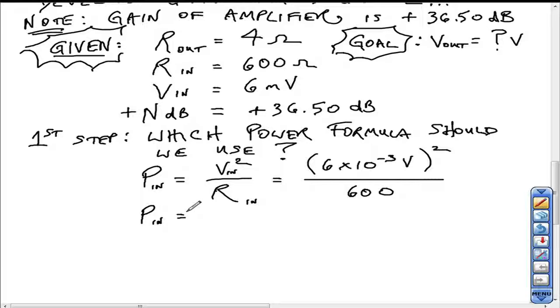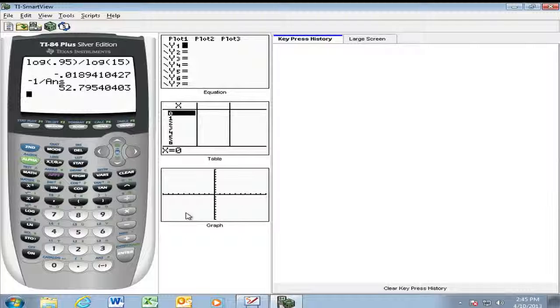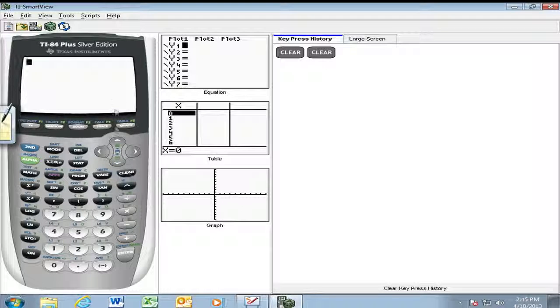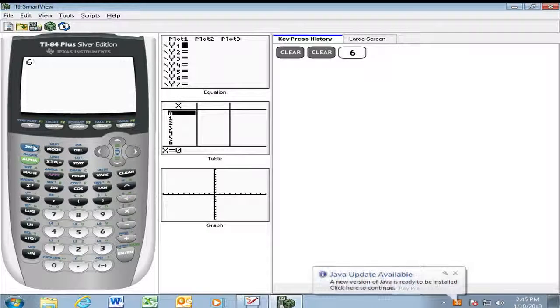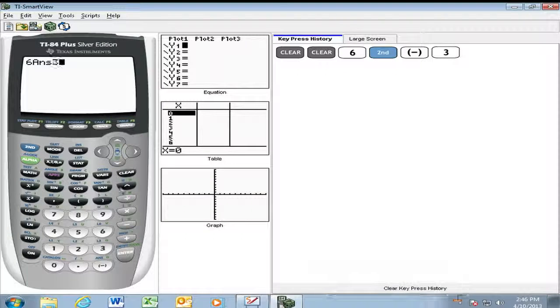All right, and when you work that out, matter of fact, let's work that out together. Let me go ahead and clear. So what we're doing is we're taking 6 blue EE, to the negative, oops, let me clear that, do that again.